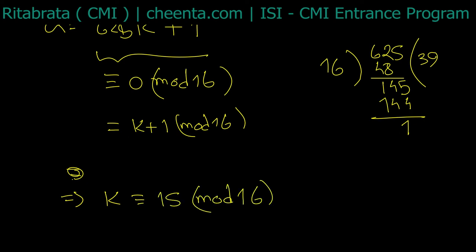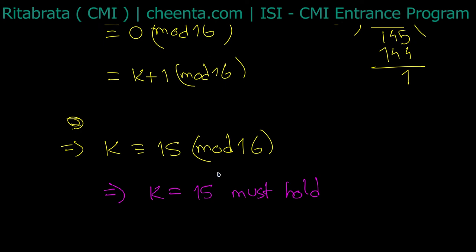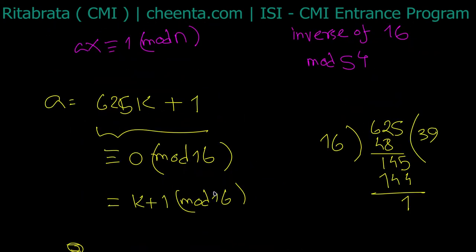And that would imply that k equal to 15 must hold. Why? Because if k is not 15, then k equals 16 into some r plus 15. Now r should be equal to 0, because if r is greater than or equal to 1, then k becomes very big, and a is 625k plus 1.